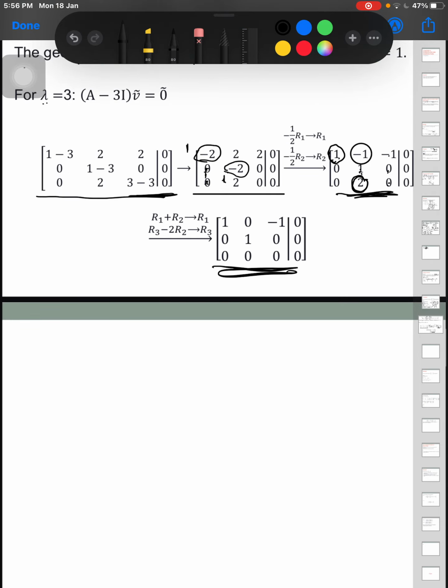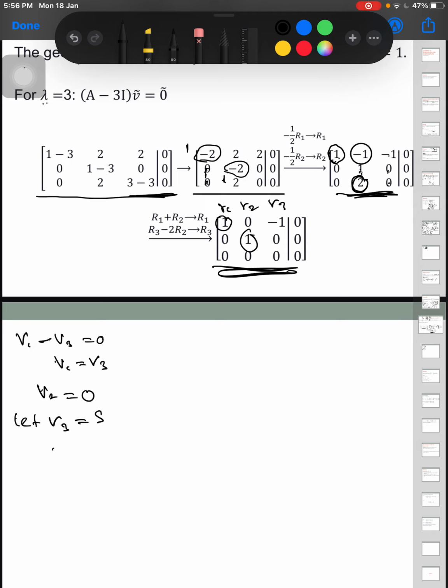Okay, so after that, this one is for v1, v2 and v3. Okay, so the leading one is only for v1 and v2, so therefore v3 is a free variable. Okay, so from the first row, we have 1 v1 minus 1 v3 is equal to 0, and this implies v1 equal to v3. And from the second row we have 1 v2 which is equal to 0. Okay, so for the free variable, we let v3 equal to s.